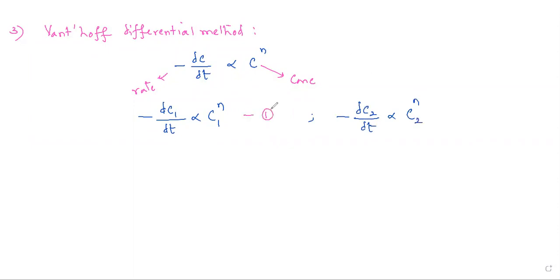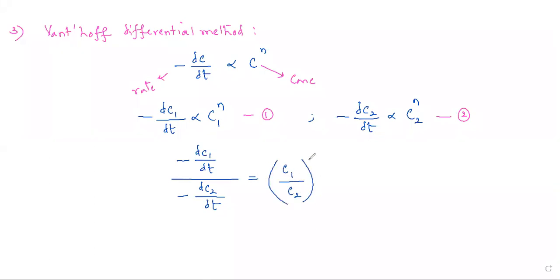This is equation number 1, this is equation number 2. Minus dC1 by dt by minus dC2 by dt is equal to C1 by C2 to the power n.